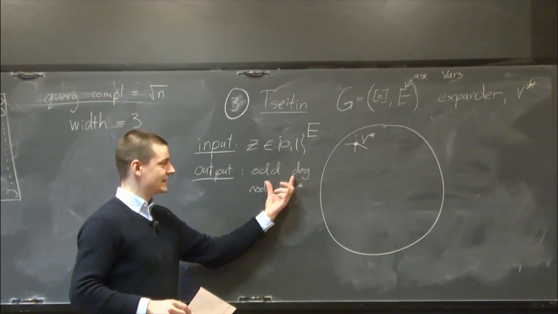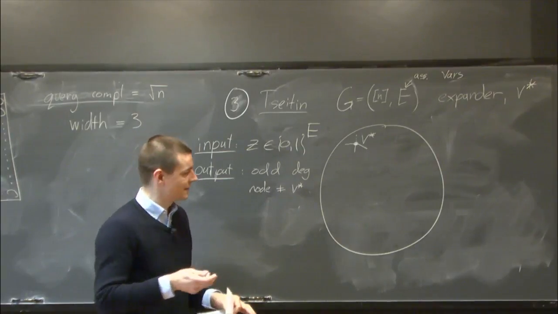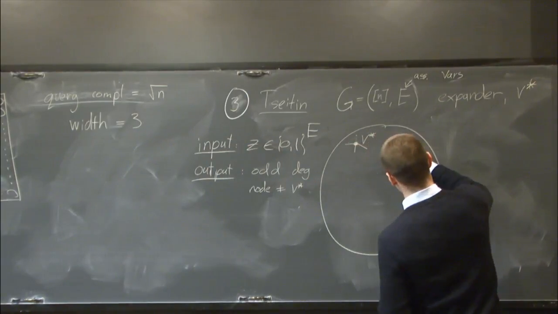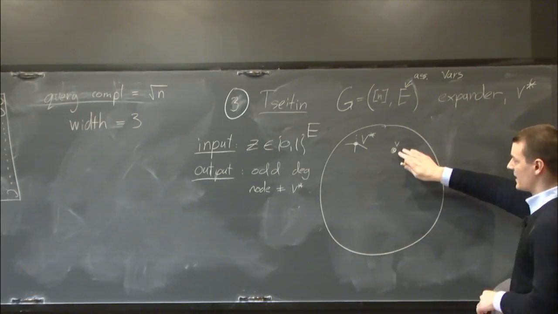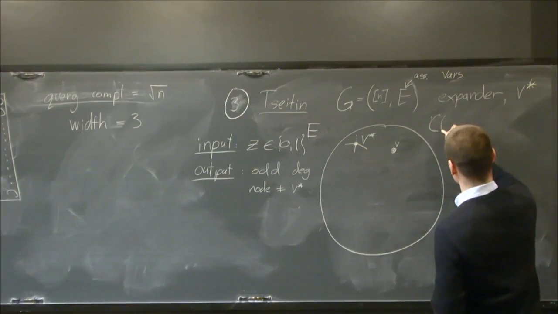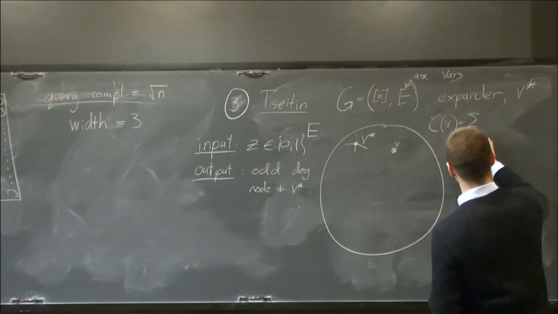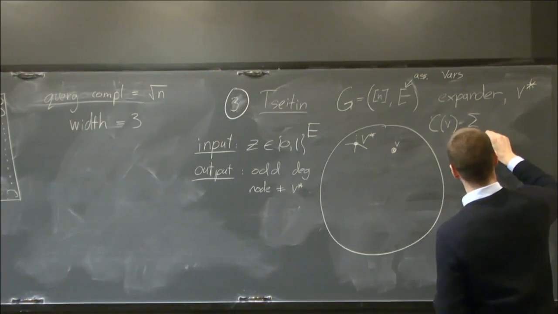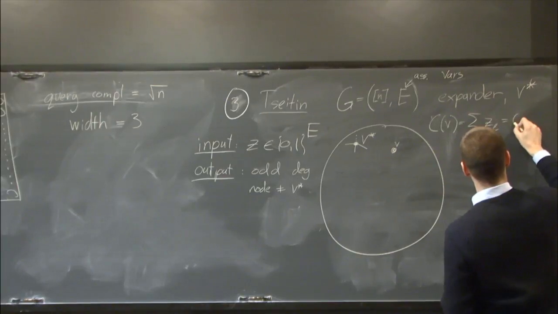So the degree of a node is just, for any node V, you can write down a constraint that says it's not a solution. So that's just saying that the sum of the incident edges is even.